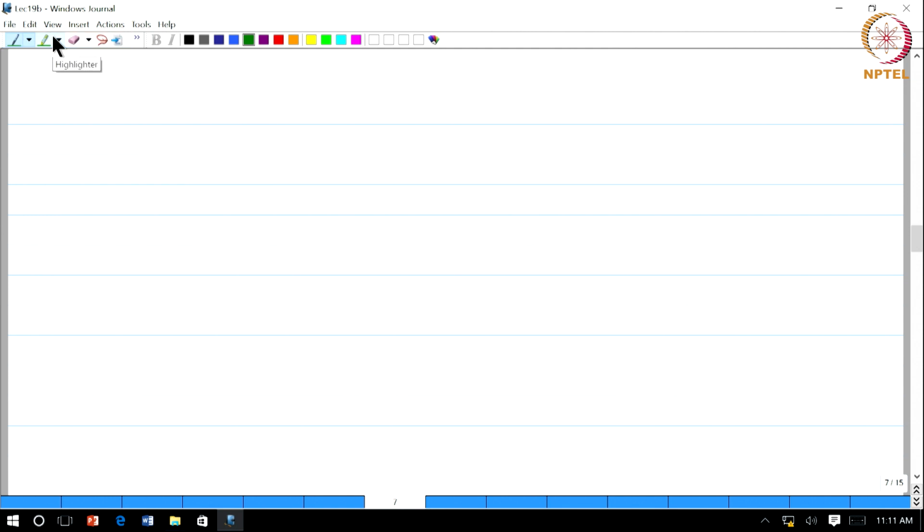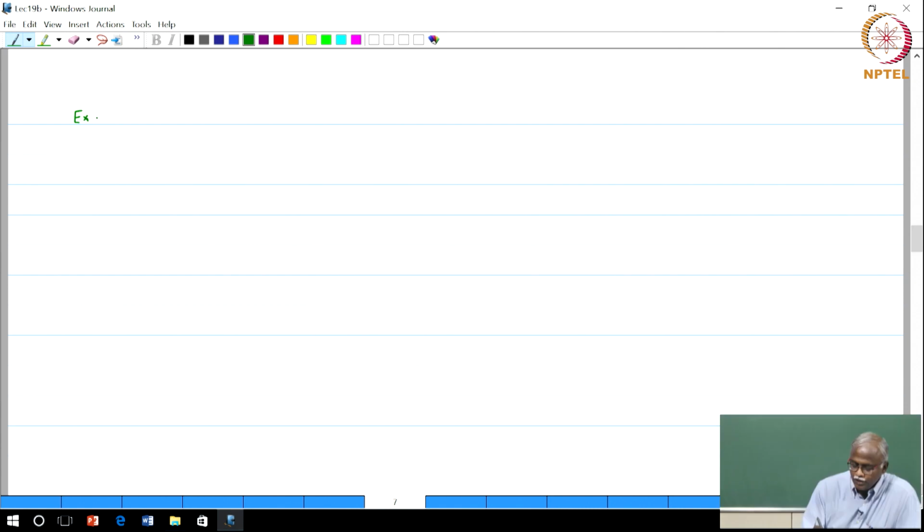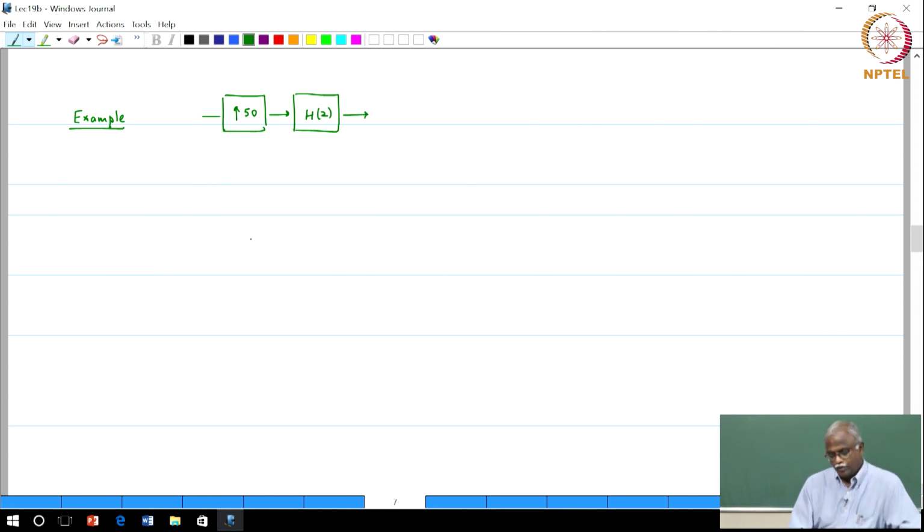The example that we would like to look at in the context of the interpolated FIR technique is to do an upsampling by a factor of 50 followed by a filter h of z that would get rid of the images. So, first and foremost, if this is the requirement, I want to know what h of z ideally should look like.